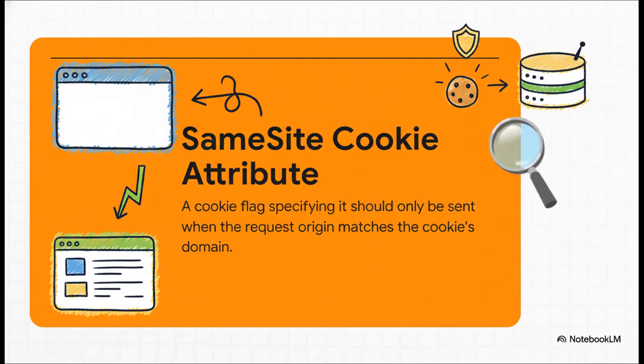But there's an even more modern and, frankly, more powerful defense called the same-site cookie attribute. This is a direct instruction that the server gives to your browser when it first sets the cookie. It's like the bank is telling your browser, hey, listen up, this is a really important cookie. As a new rule, I want you to never, ever send it to me if the request was started by some other website.